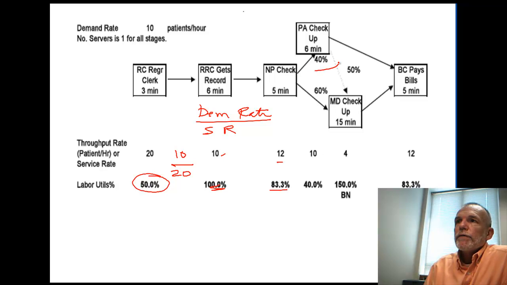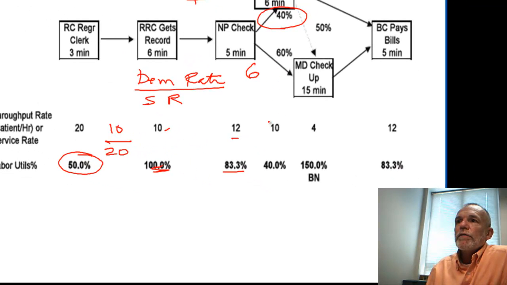Up here, 40% of the 10 patients per hour go to this step, so our demand up here is 4 patients per hour. Demand down here is 6 patients per hour. That's how we go from a service rate of 10 per hour to a utilization of 40%.